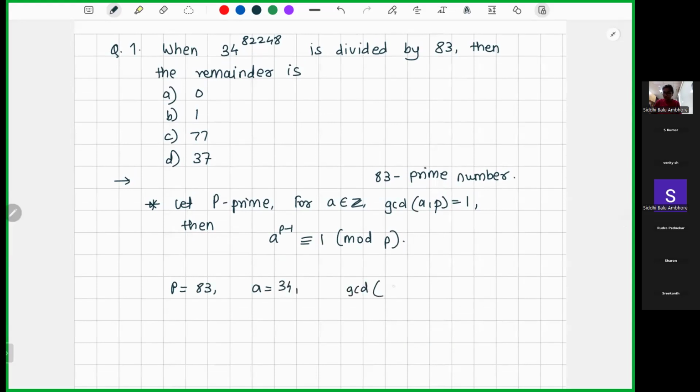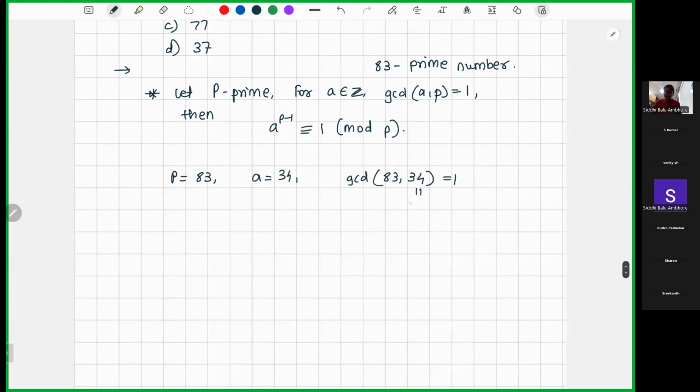GCD of 83 and 34 is 1, because 34 is 17 into 2 and 83 is prime.